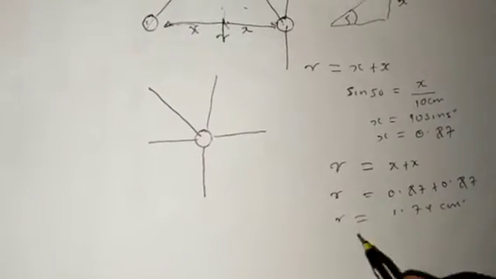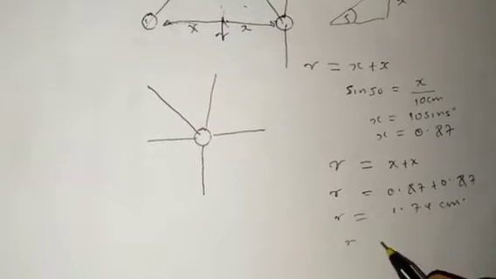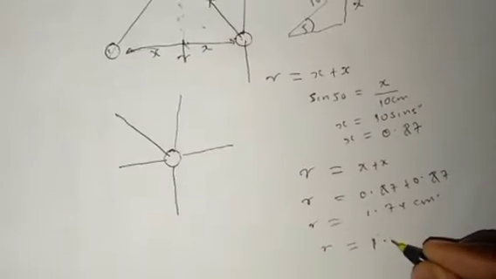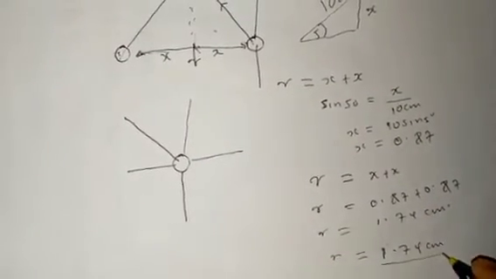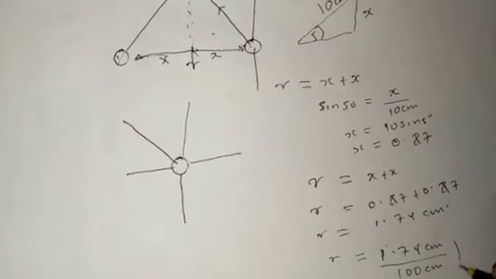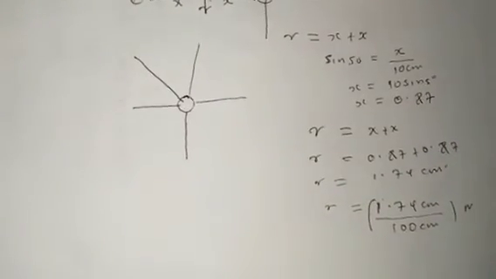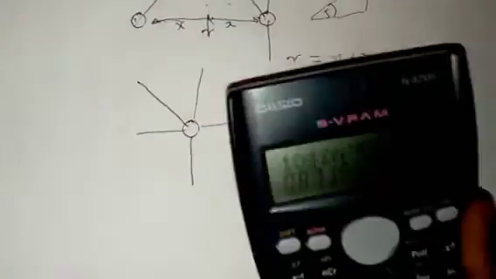So we can convert this to meters before we move any further. r is going to be equal to 1.74 centimeters divided by 100 centimeters, in the form of meters.